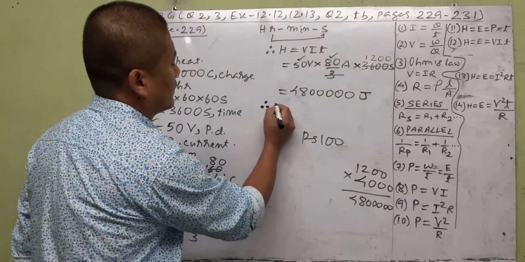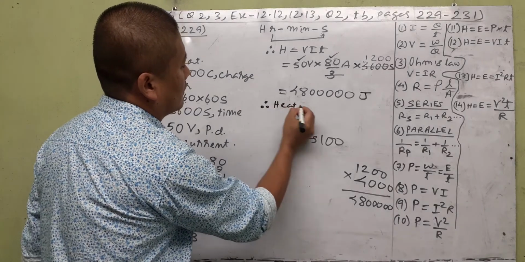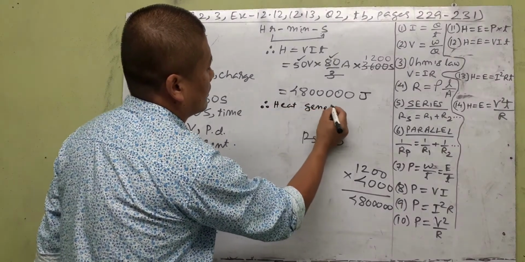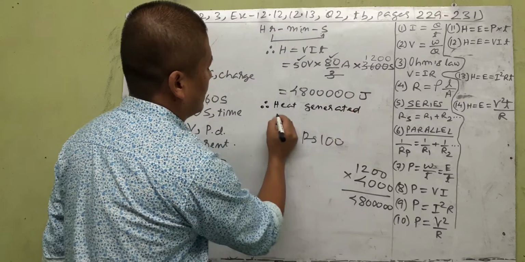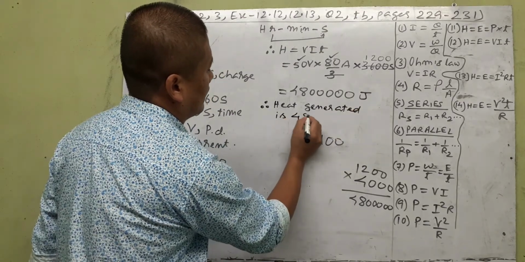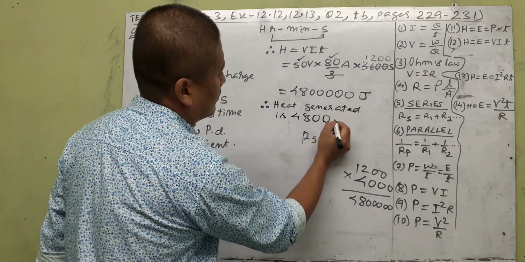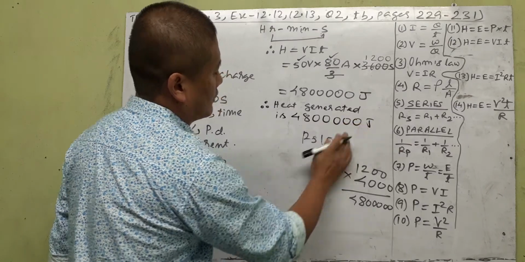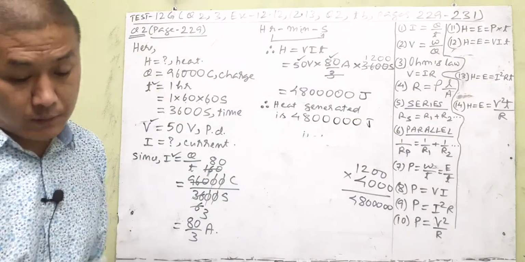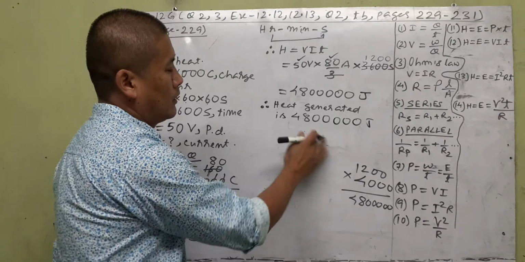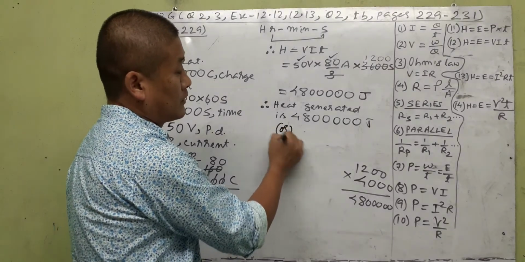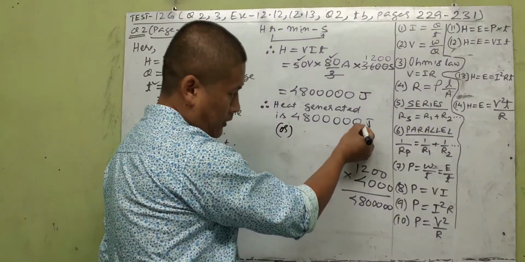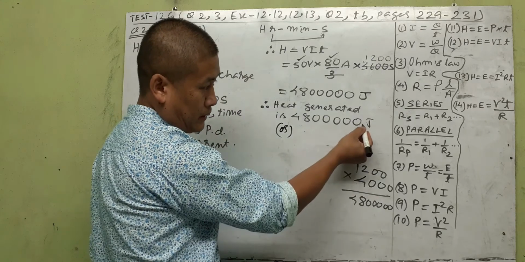Therefore, you can write here, heat generated in this process is 48,12,345 joules. Now, this can be left like that, or some textbooks write in standard form. Standard form means, you can see the decimal symbol is not there, means it is at the extreme right.